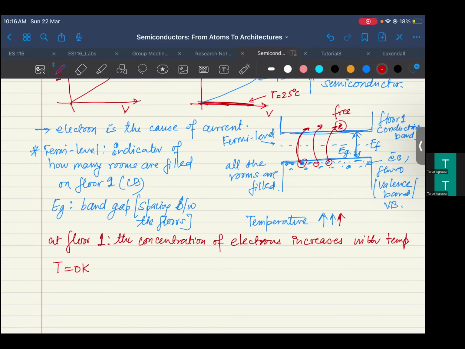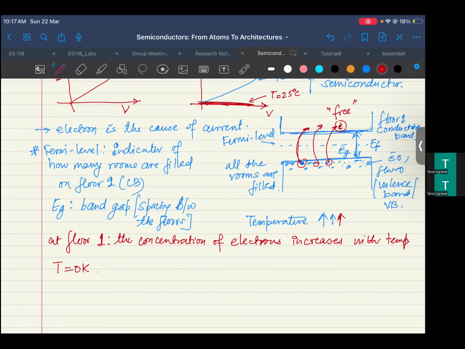So they are more free, in a sense that there are lesser number of these than what is there on floor zero, right? What we typically use as terminology is we call them free, but they are relatively free because they are still in the material. They are not free in the sense that they came out of the material, right? So they are still in the material.